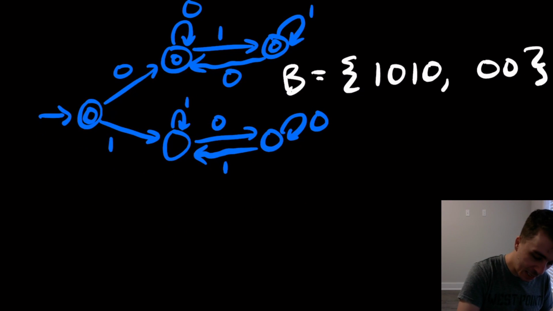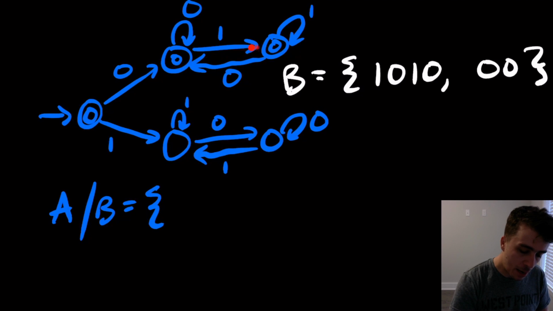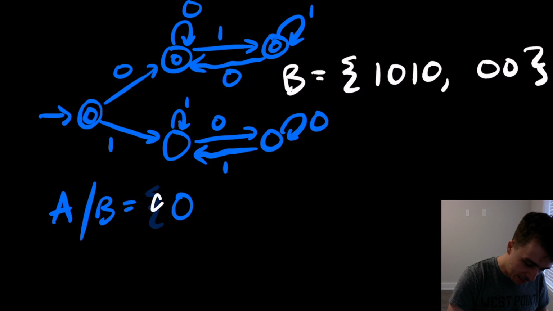And what we can see if we write out what the language actually is, A divided by B, is going to be, well, if we start with a 0, then no matter what, we will never not accept a string. And if we start with a 1, we'll never accept a string. So what we can do is say that it's all the strings, or I can even write it more simply.